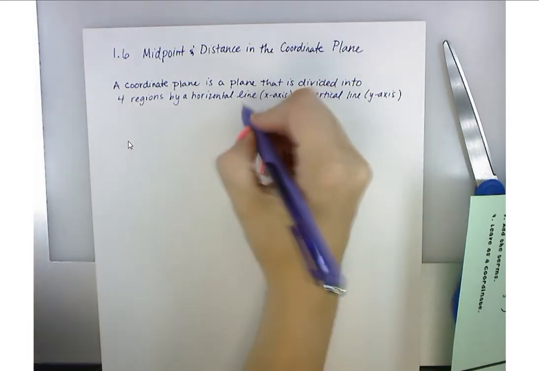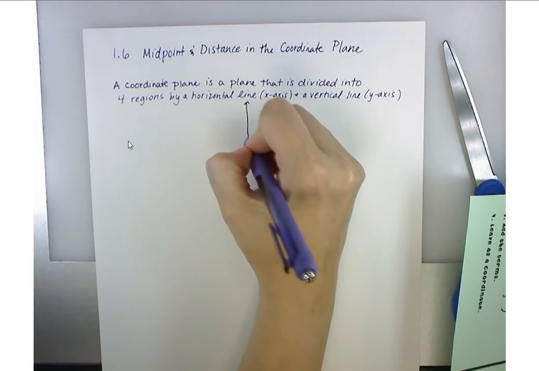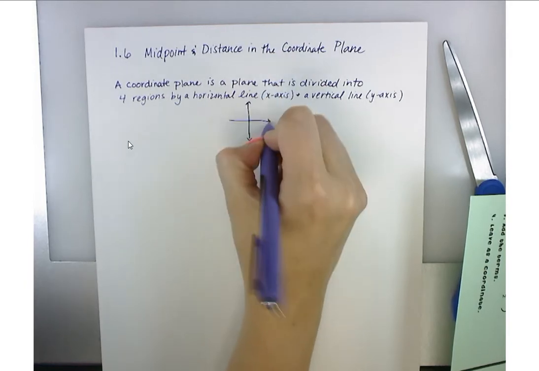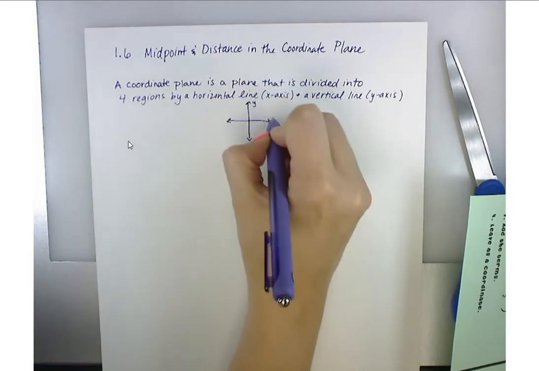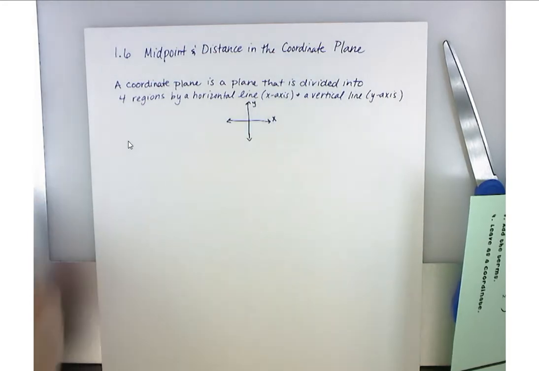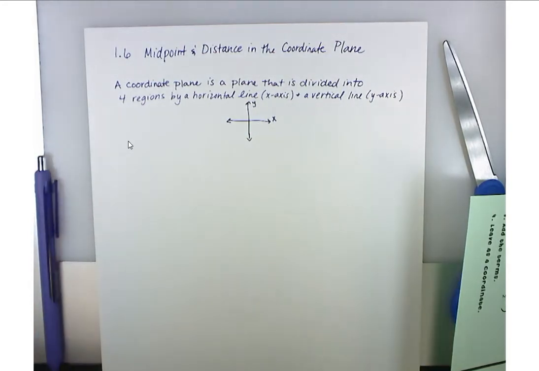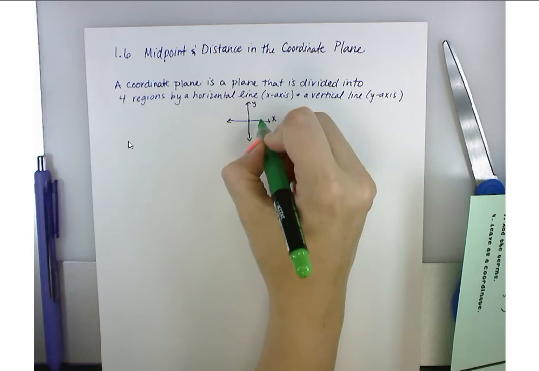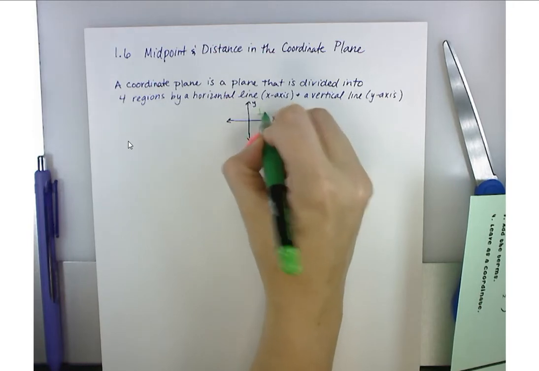So we're just going to draw a small example of that. So here's your y-axis, here's your x-axis. And then each one of those 4 regions is called a, well, do you guys know? Yes, it's called a quadrant. Do you guys know how to name your quadrants? So the quadrant that's positive, positive is the first one.